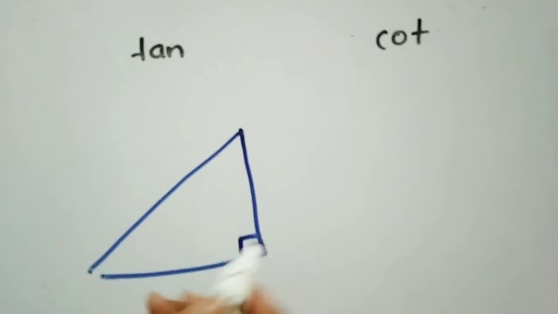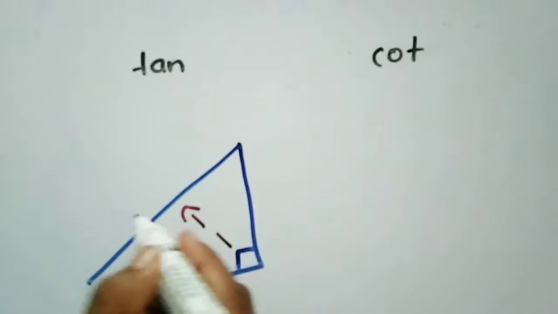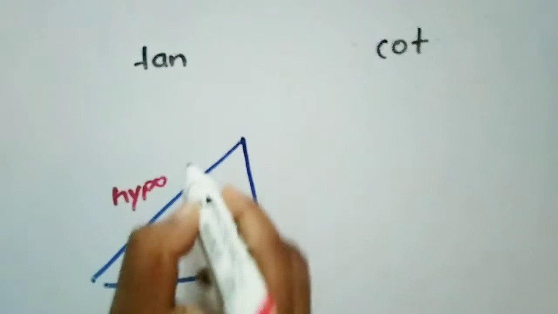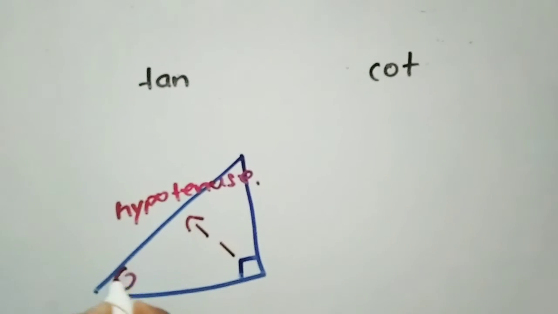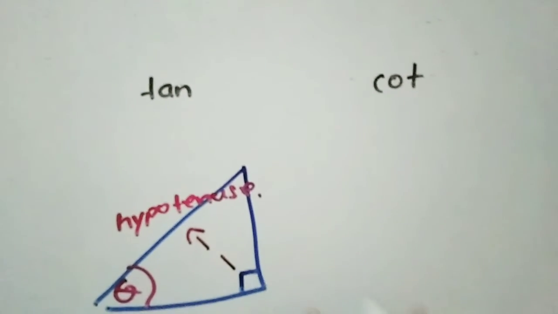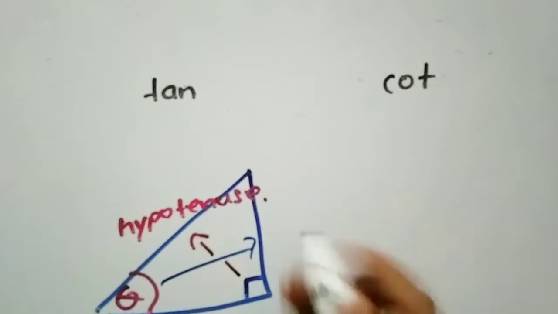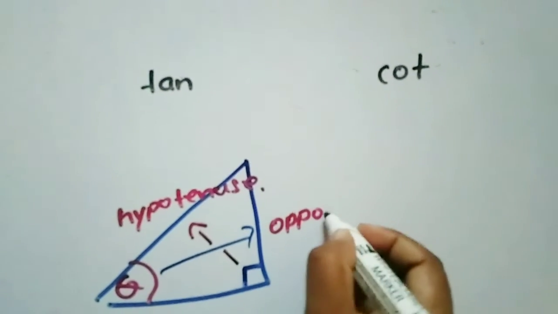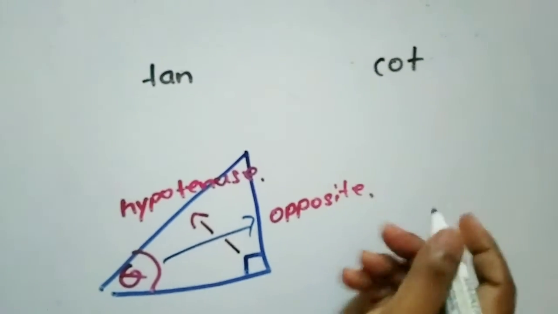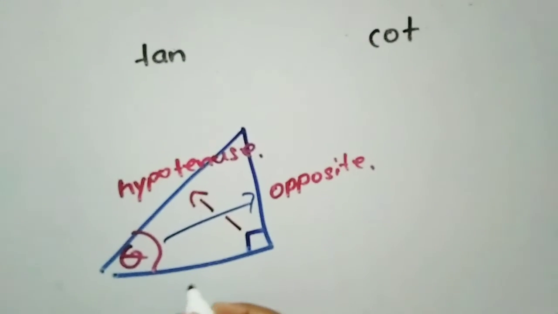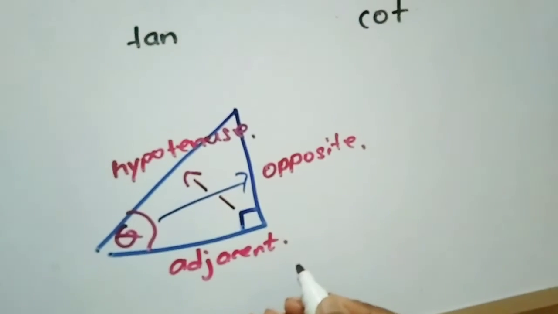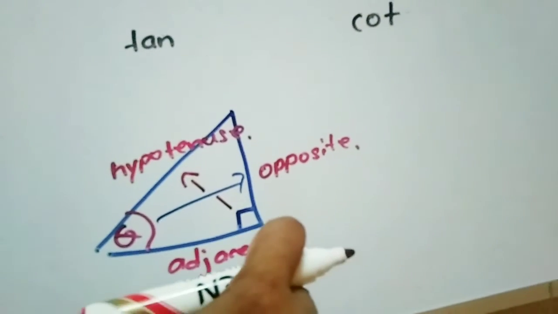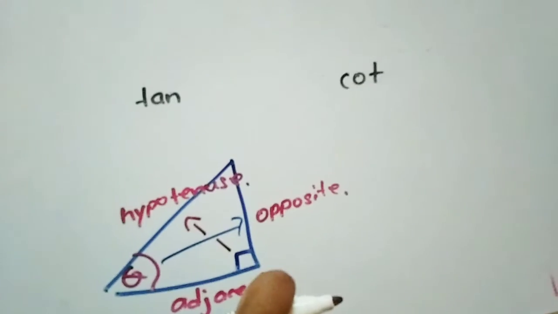Opposite to the right angle is the hypotenuse side. Opposite to the given angle is the opposite side. The remaining side is the adjacent side. According to these three sides, we define the trigonometrical ratios.